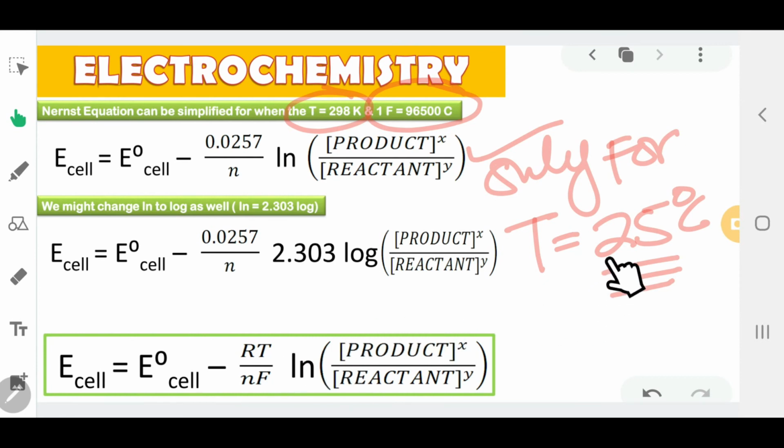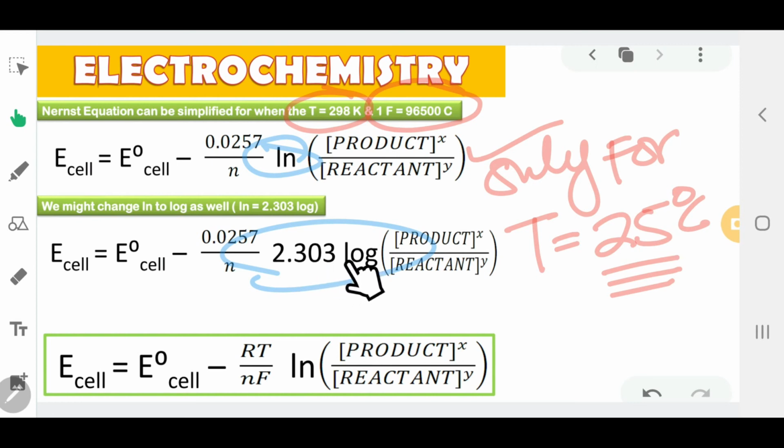But if you have the temperature at 25 degrees Celsius, you can use the simplified version. If you do not want to use ln and you want to use log instead, you can use this. You change ln into 2.303 times log.